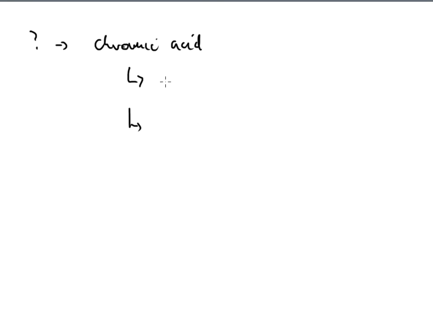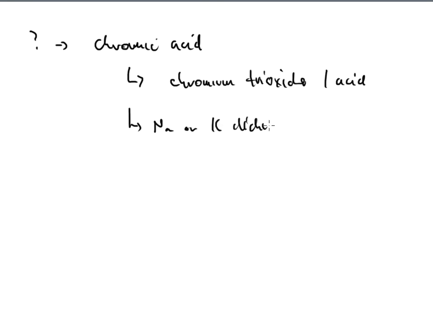So a couple of ways that we could do this, we could take what we call chromium trioxide. We could dissolve that into solution, and that solution is made up of some acid. And that acid could be something like sulfuric acid. Or what we could do is we could take a sodium or a potassium dichromate solid, very pretty, very colored, and we could also dissolve that into some acid.